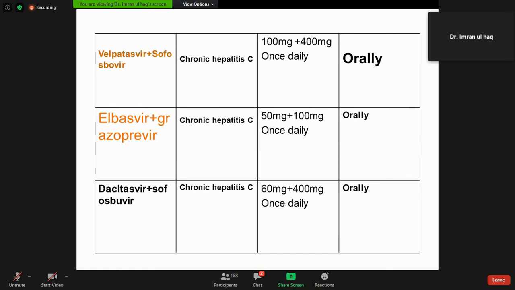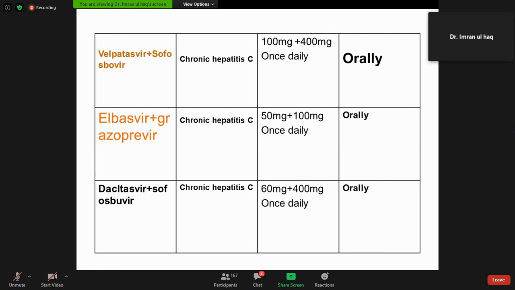And basically these drugs like daclatasvir, elbasvir, ledipasvir, ombitasvir, velpatasvir, these are basically NS5A inhibitors, right? These drugs inhibit the NS5A proteins that play a role in both viral replication and assembly of the hepatitis C virus, right?